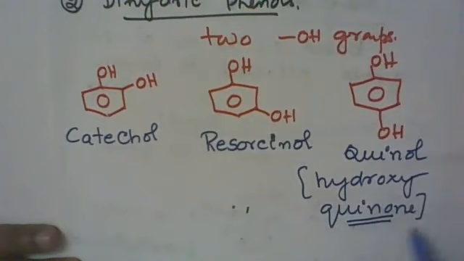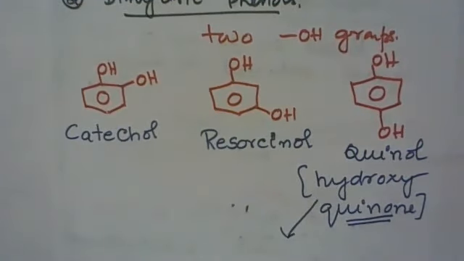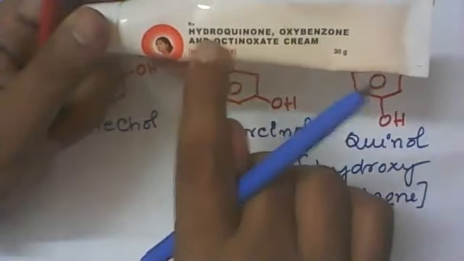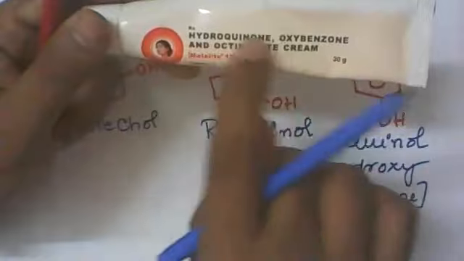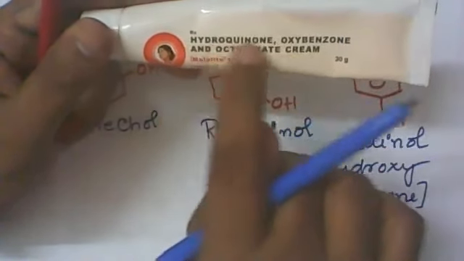There we will study what is quinone. Now this hydroquinone has some application. This compound is one of the ingredients of skin whitening cream. It is used for brightening of the skin.